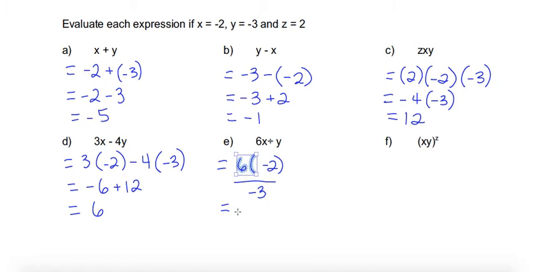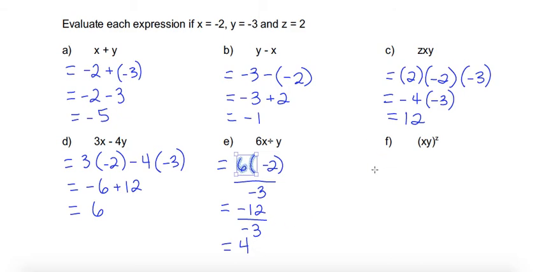So 6 times negative 2 gives me negative 12, and I'm dividing that by negative 3. And negative 12 divided by negative 3 is positive 4. And I can do that by thinking about how many times does negative 3 go into negative 12, or I can use a calculator to get that answer.